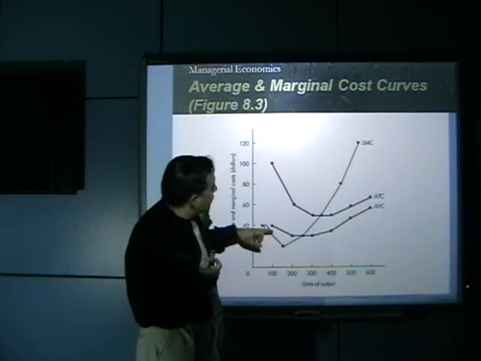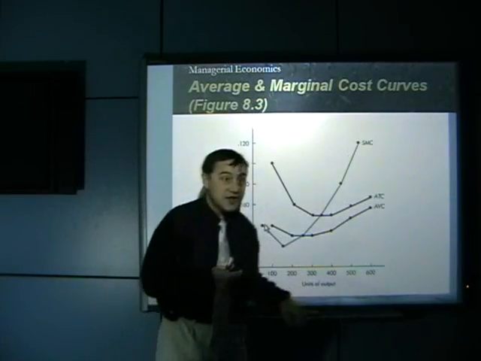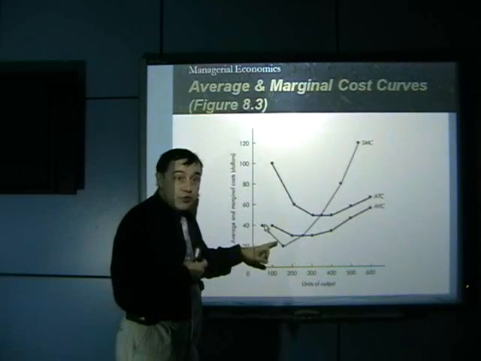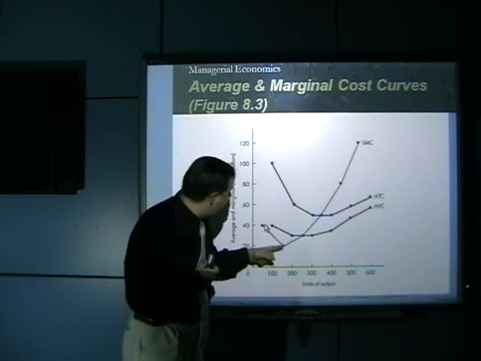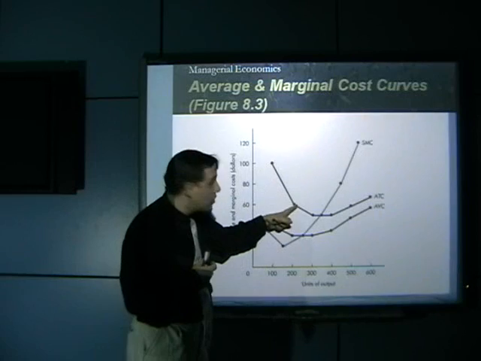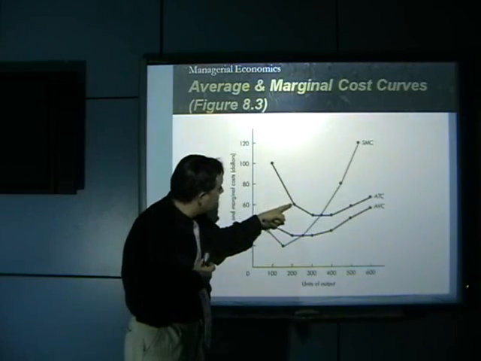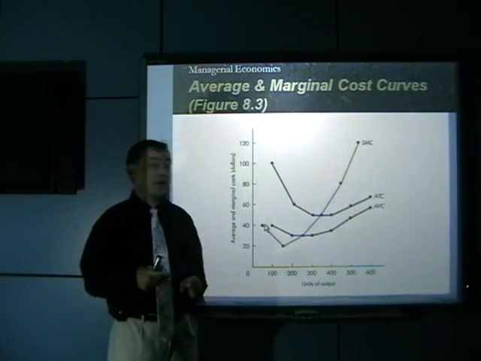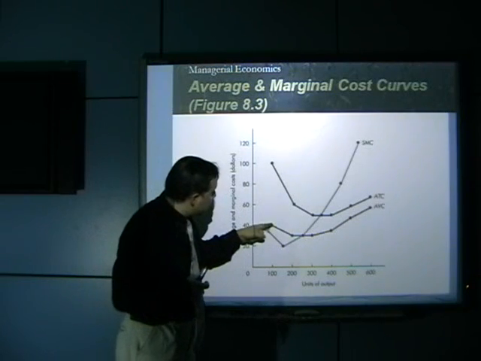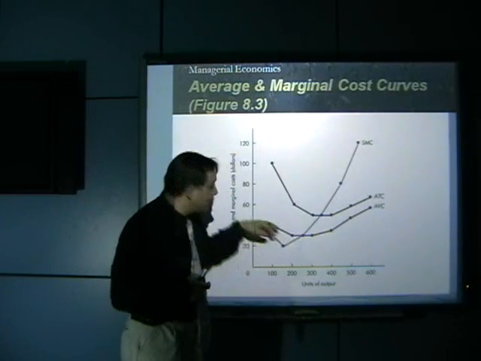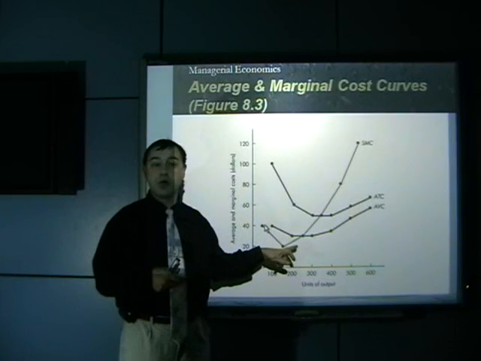You have this one, which is the short-run marginal cost. When the short-run marginal cost is below the average total cost, it's pulling the average lower. It is also below the average variable cost, it also is pulling it lower.